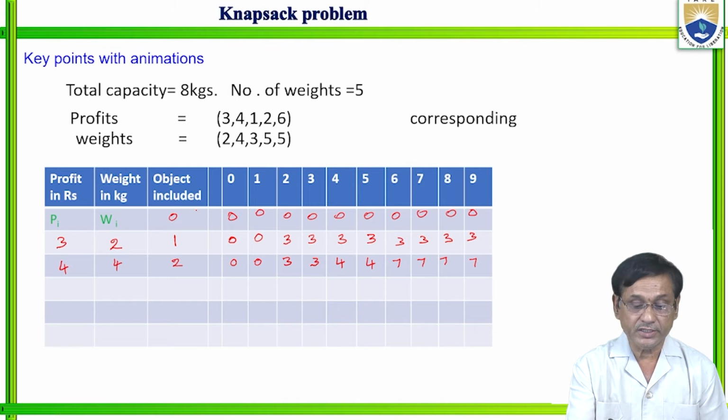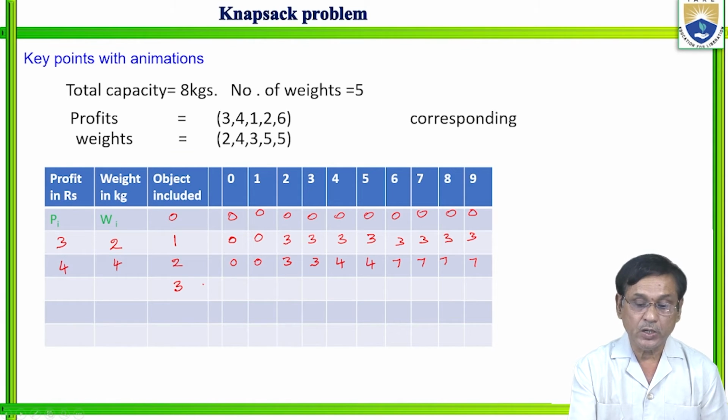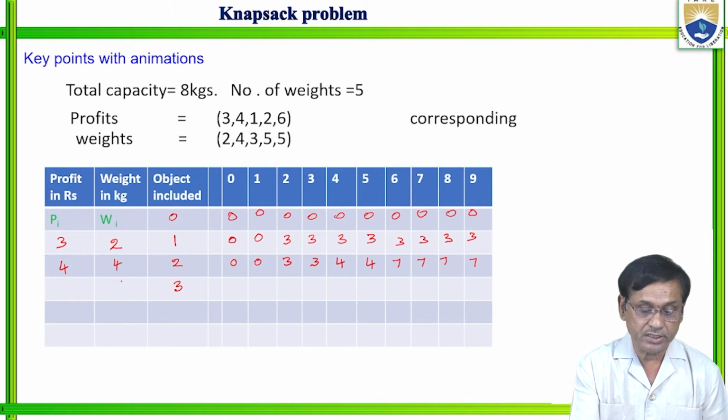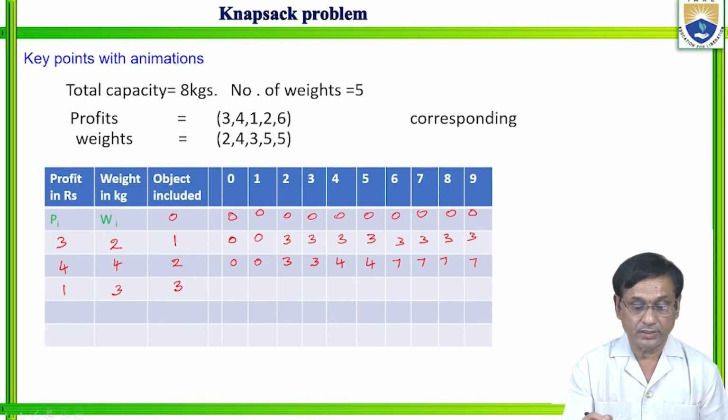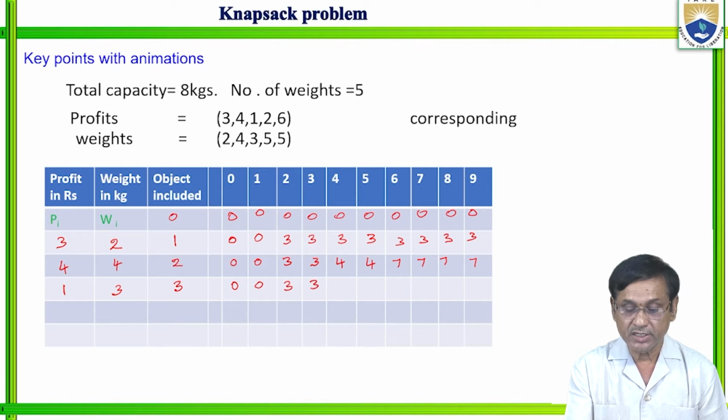Okay. Next, when the third object is included, what is the weight of the third object? That is 3, and the profit is only 1. Corresponding to 0 weight, no profit. Corresponding to 1, no profit. When the weight is 2, the profit is 3. When the weight is 3, you can consider the earlier one only because the profit is more, so this is 3.